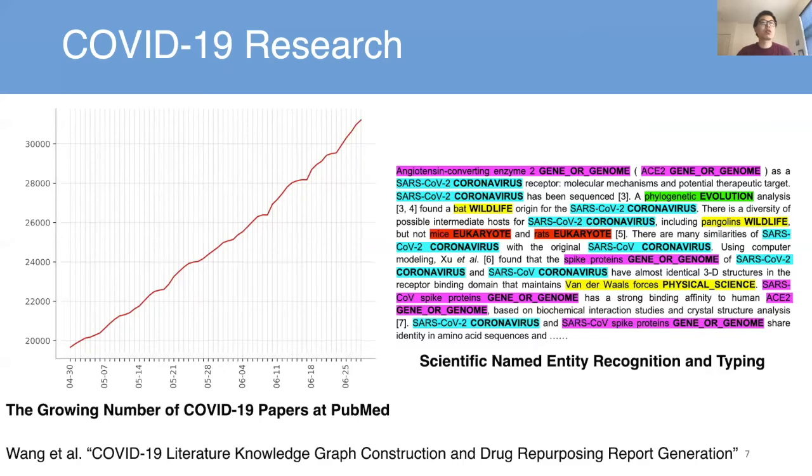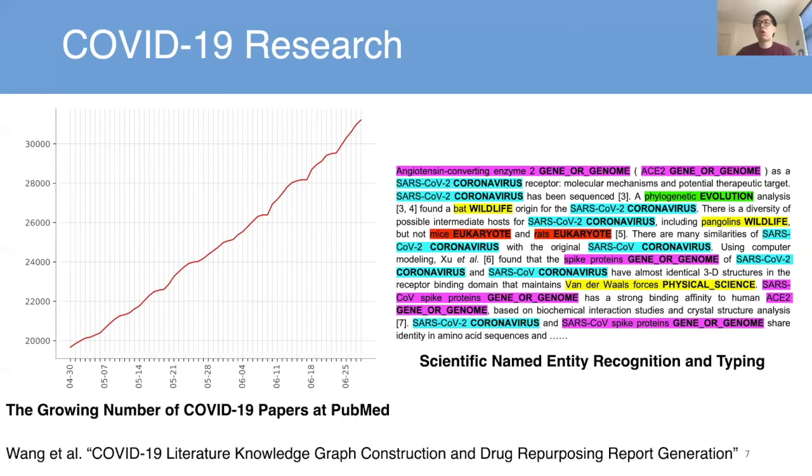This growing amount of COVID-19 papers on PubMed poses challenges to biomedical researchers. How can you understand all these articles in time? How can you follow all these trends for COVID-19, because this virus is changing over time?